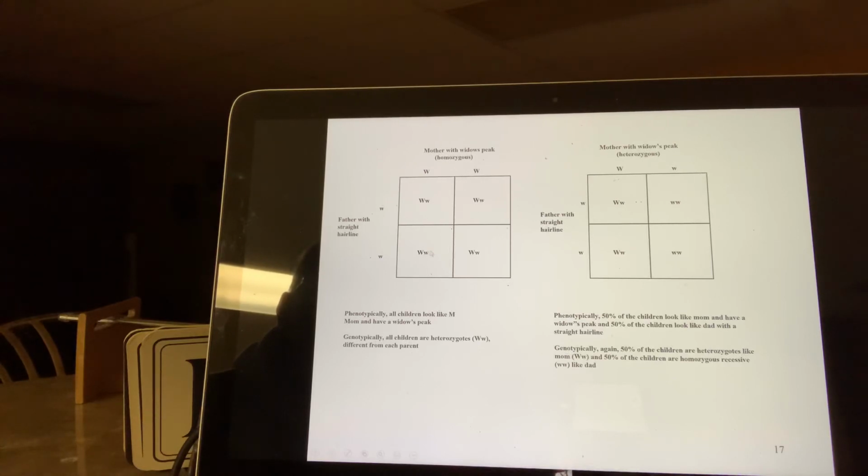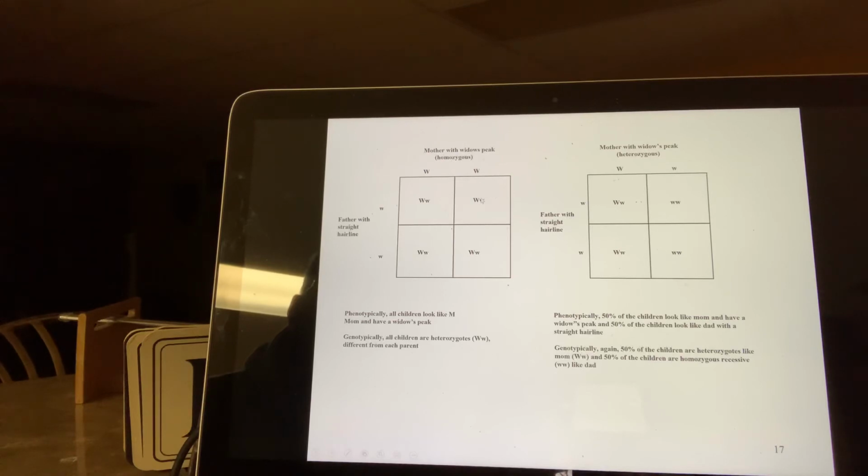And what you'll end up with is each box represents 25% of their children. I did this one first because if you fill in all the boxes, what you find is all of the boxes end up with the same genotype. They all end up big W, little w, which means 25, 50, 75, 100% of their children are all going to have the same genotype.